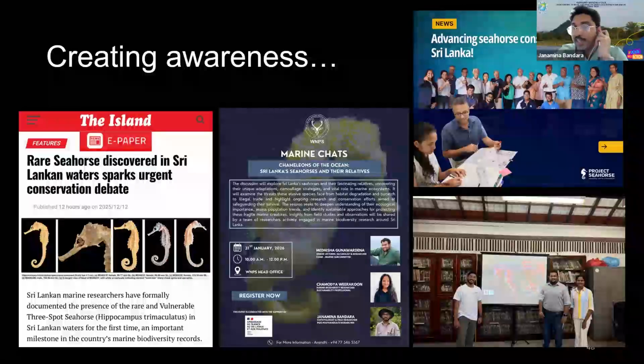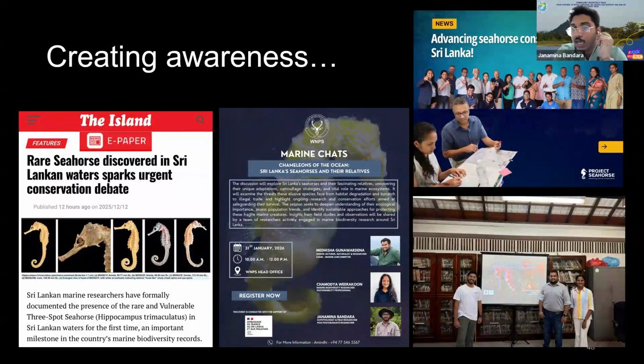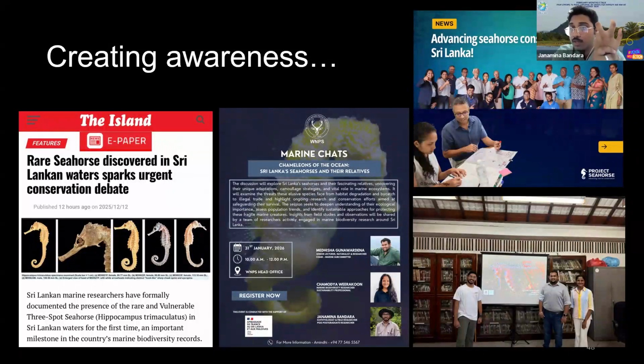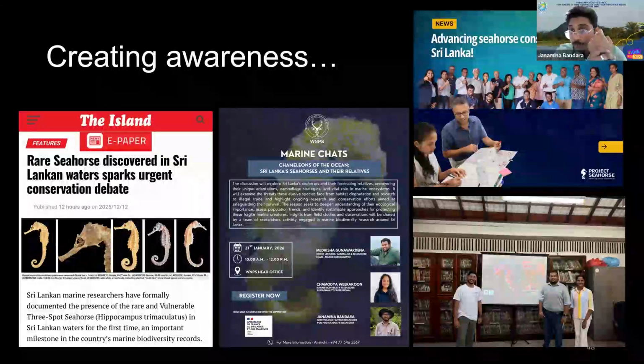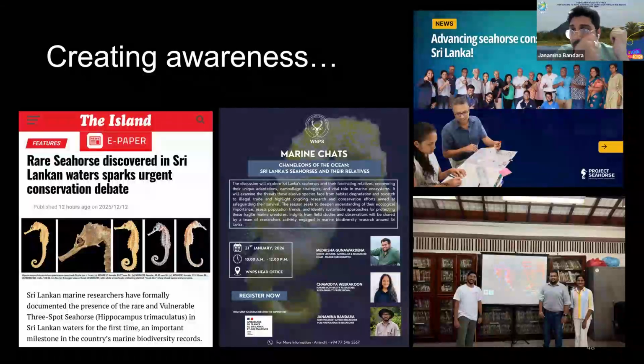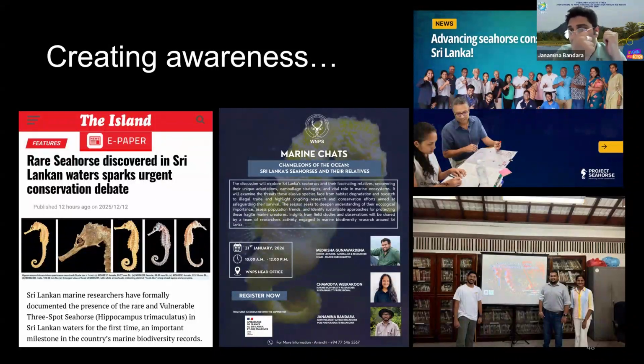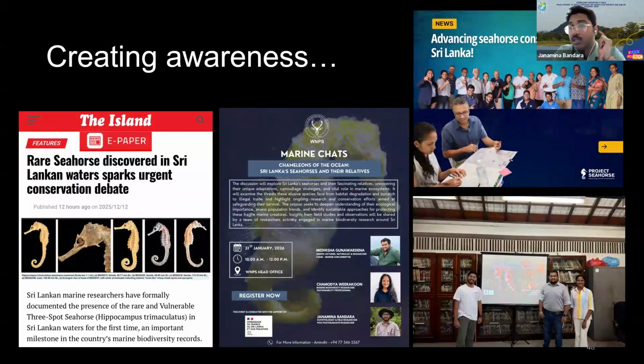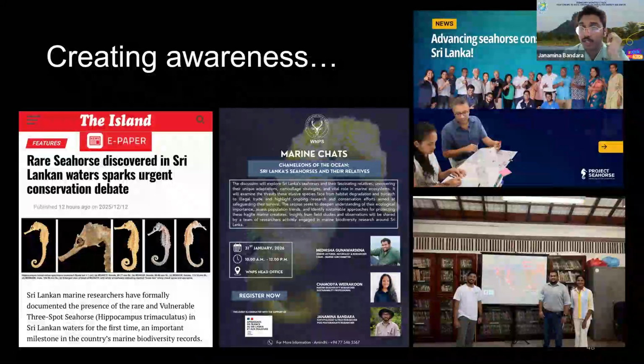The first thing that the IUCN specialist group told me is that the study should be done first to determine what sort of things are going on. So I'm repeating the same thing again and again: baseline studies, baseline documentation is really, really important for conservation, and it's the first step for conservation initiatives.